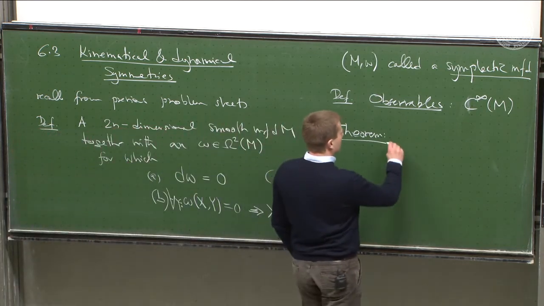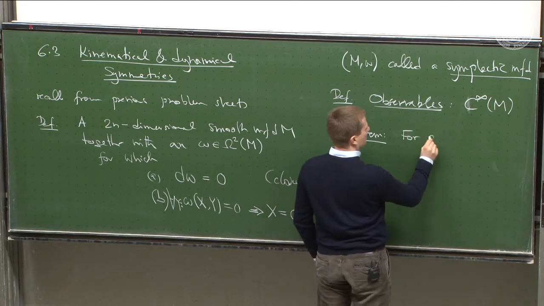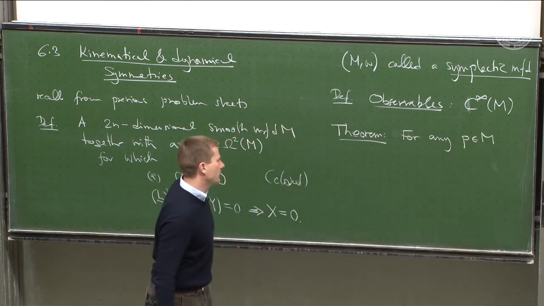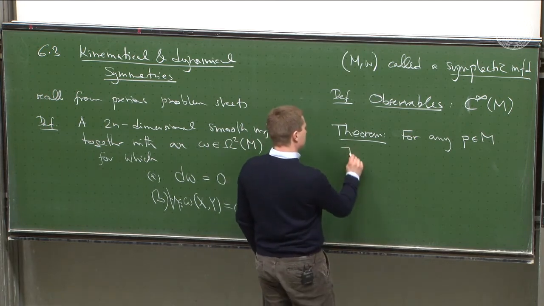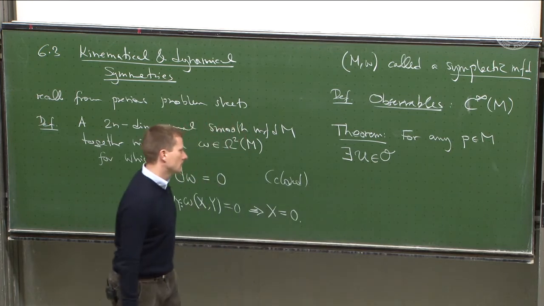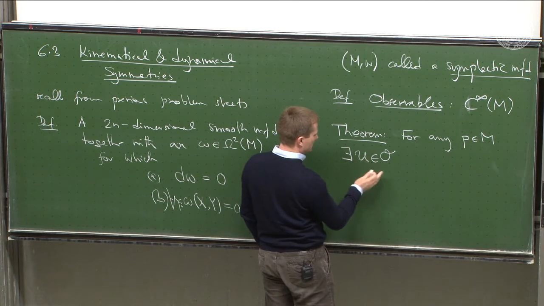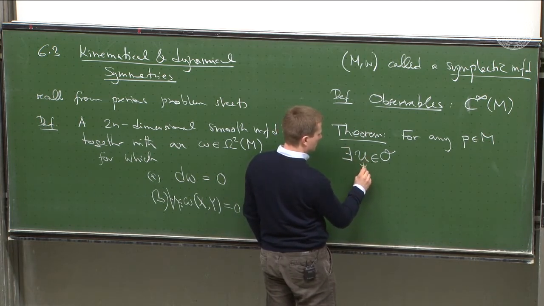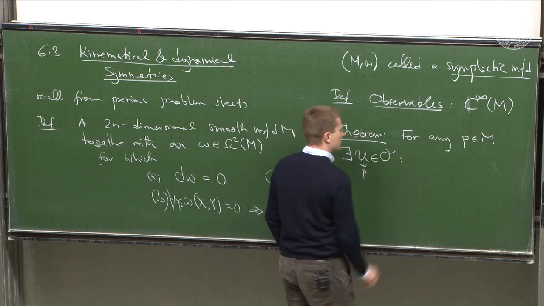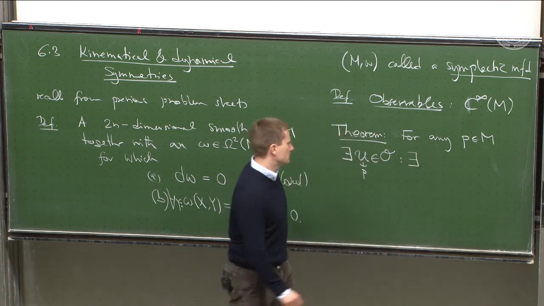So the theorem: for any point P of this symplectic manifold M, there exists an open set U containing P, so it's not the empty set, containing the point in question, such that there also exist coordinates.